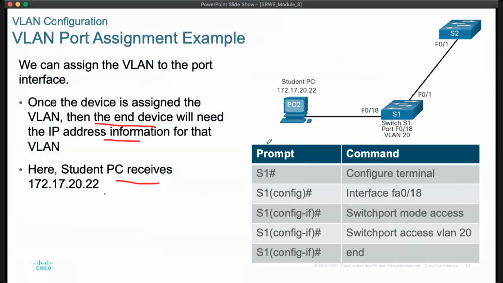For example, on the switch, go to global config mode, type configure terminal, and go to the interface FA0/18. Then write switchport mode access, specify which VLAN, and then close. This is how we configure this.